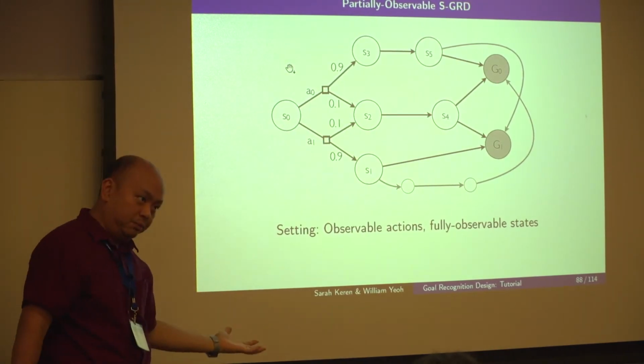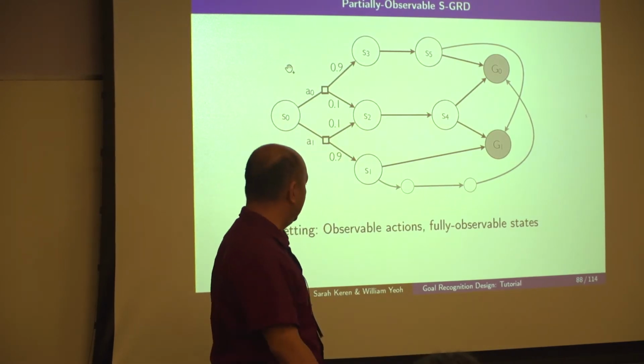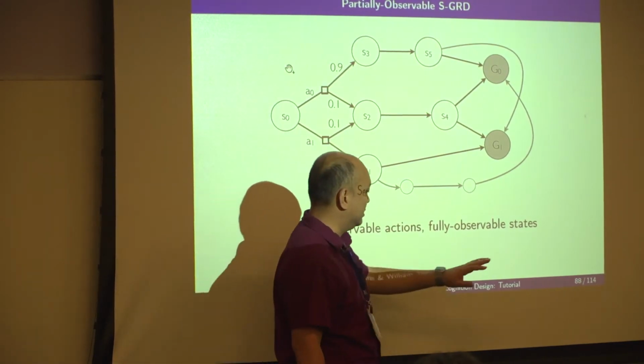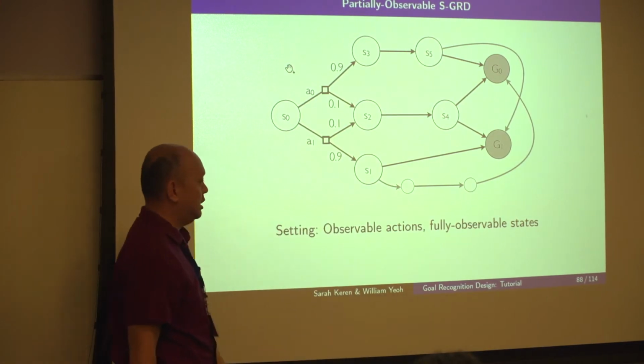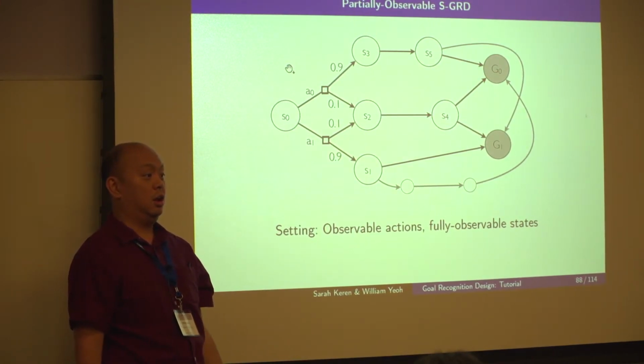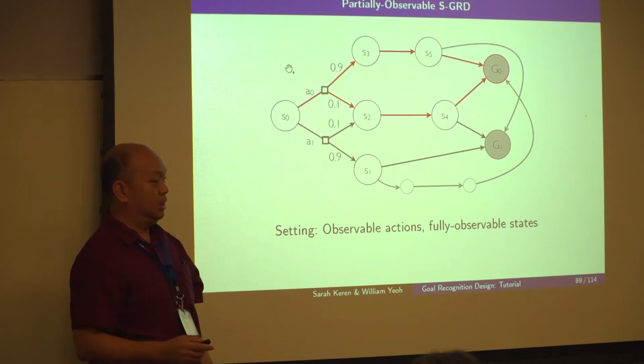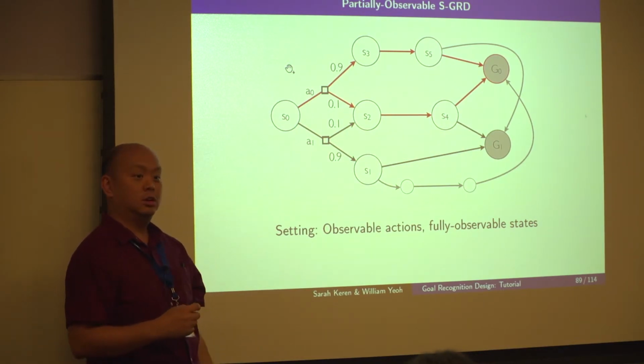So in this problem, in the case where the environment is completely observable, so you can see exactly what actions they take and you know exactly where they are, the WCD is, what do you think? All right, if you're not sure, let's continue. This would be the optimal actions for this goal.